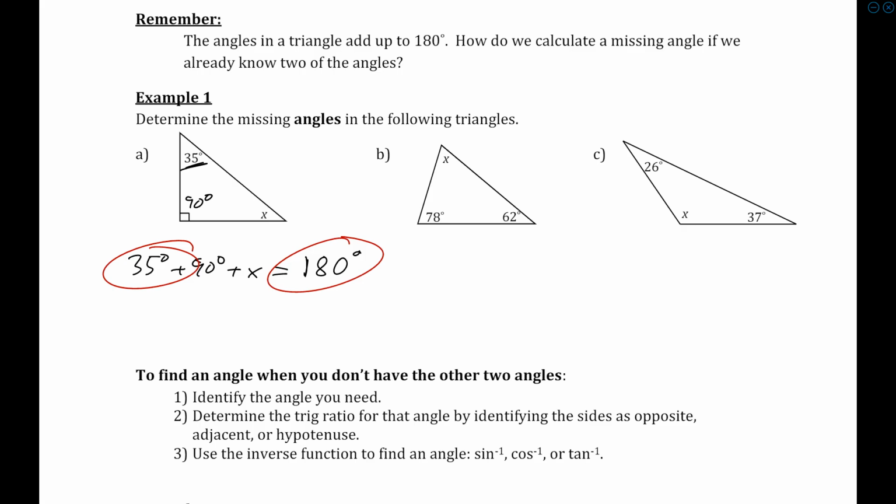Because 35 plus 90 plus something is 180. 35 plus 90 is 125. So if we can take 125 and subtract it from both sides, all we have left over is whatever the missing piece is. So 180 minus 125 gives me 55 degrees. So this here is 55 degrees.